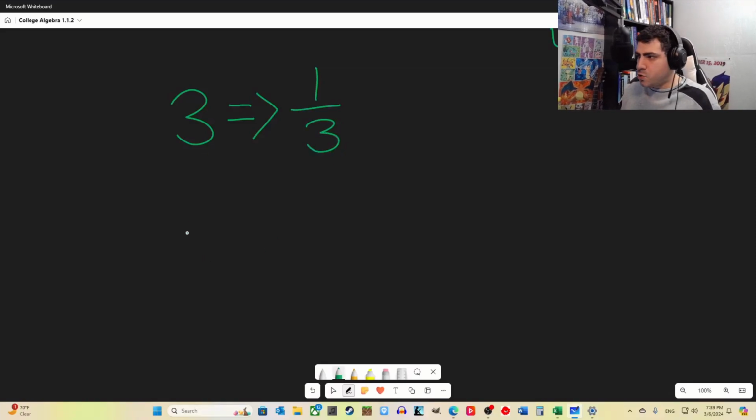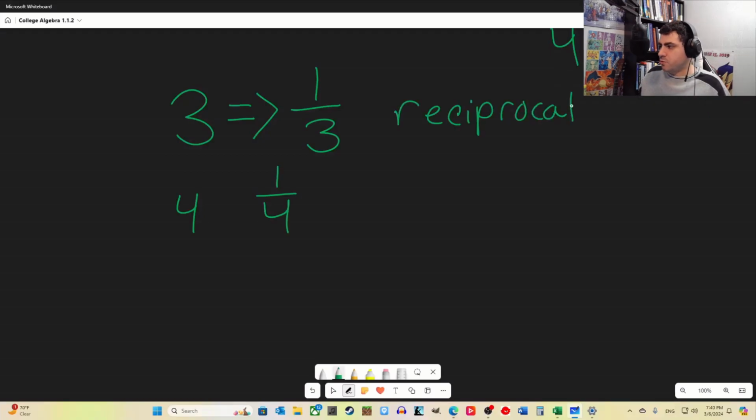The reciprocal of 4 is 1 over 4. The reciprocal, I should write this down too. Reciprocal is just the inverse of a number. And we will always have to use inverses far into math. Get used to reciprocals because we use them a lot.